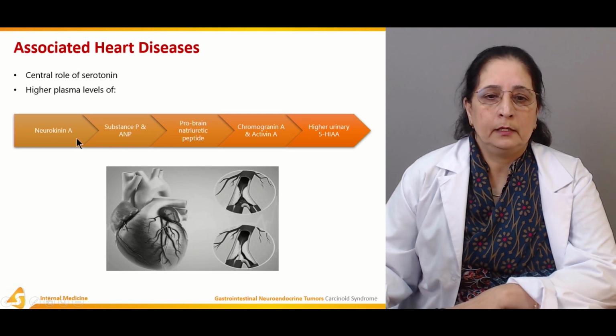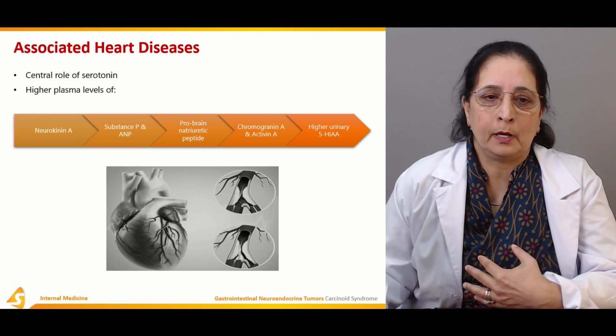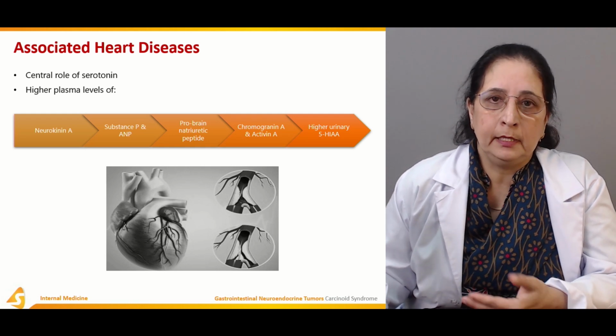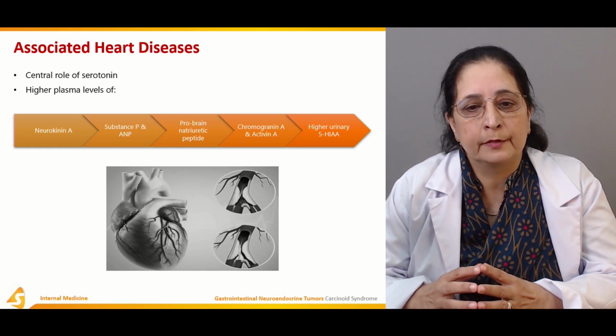So these are the substances which are increased in the plasma and associated with heart disease, but the main role is of serotonin.